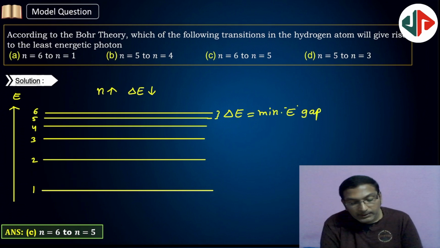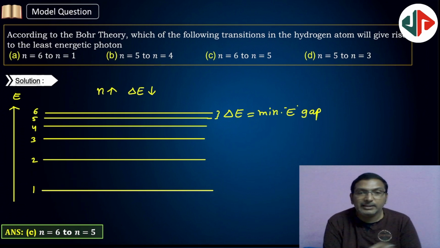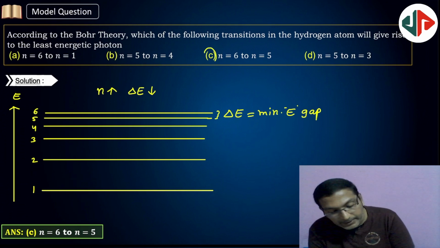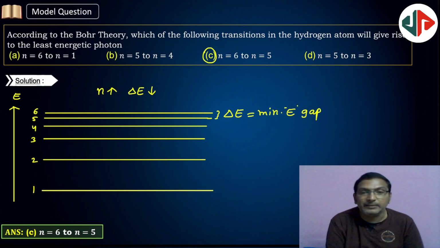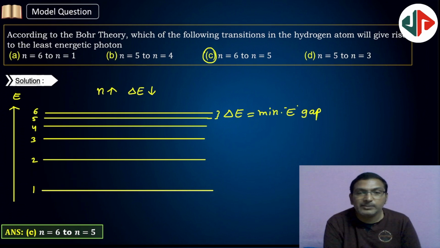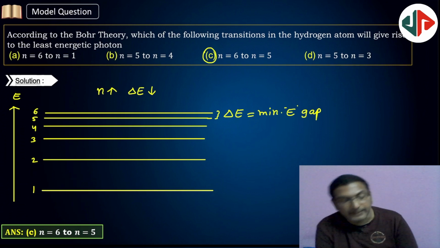So if an electron jumps from 6 to 5, it will give a photon of least energy due to the least energy gap between 6 and 5. Therefore, the option will be C. Calculate the difference of energy between two energy levels. Delta E is minimum for the 6 to 5 transition. It will give a photon of least possible energy. So option C.